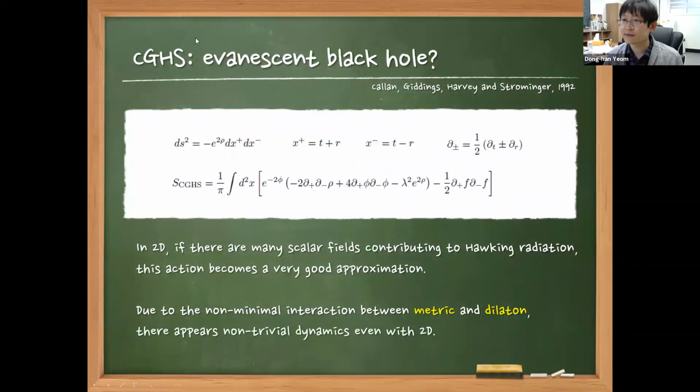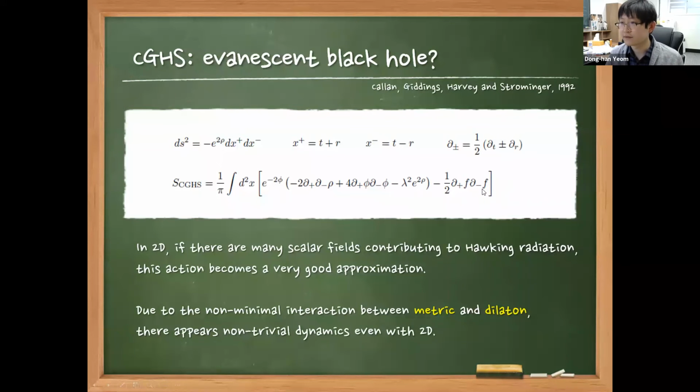So in the CGHS model, they introduced this kind of model. This is the dilaton, this term is the Ricci scalar, and this is the kinetic term of the dilaton and the cosmological constant term, and in addition, this is the scalar field to derive the Hawking radiation.